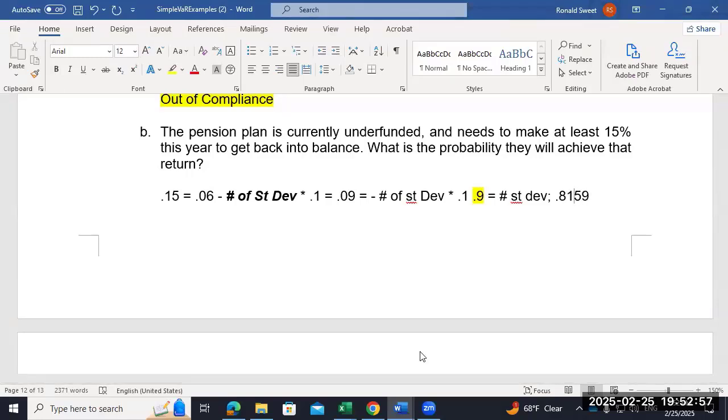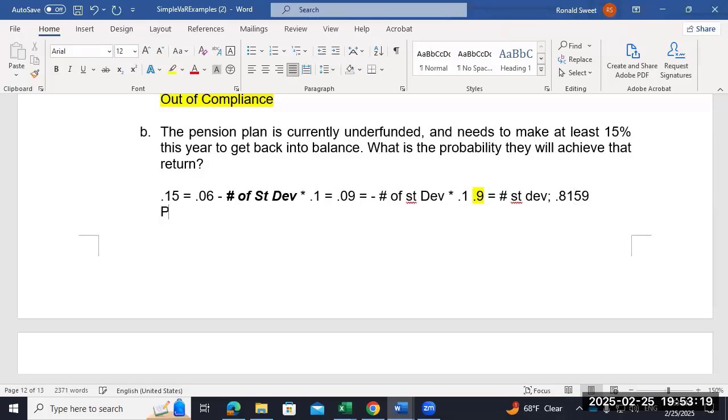And here's where you use logic. Their mean's 6%. What's their probability of making 15%? Is it 82% or is it 18%? What would be most logical? They expect to make 6. They're asking what's the chance of making 15? Is that an 82% chance or an 18% chance? 18, all right?